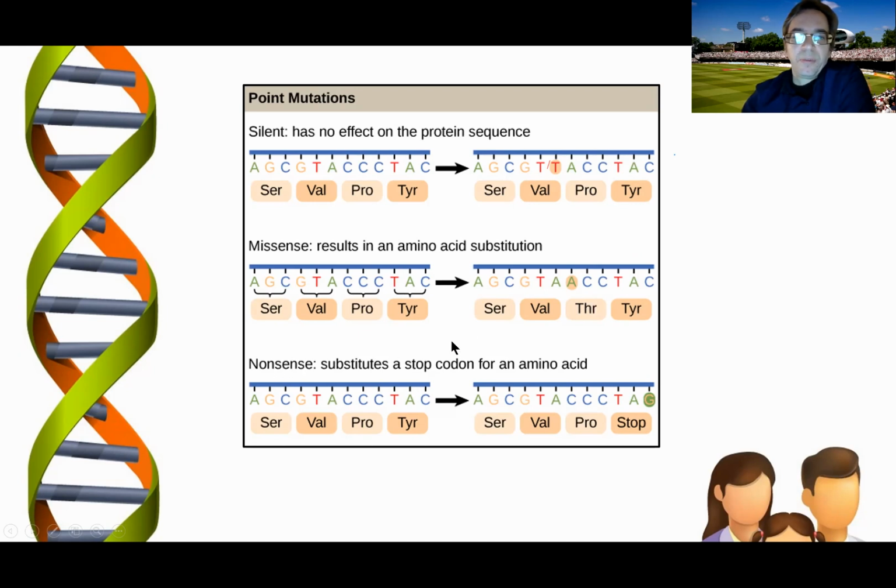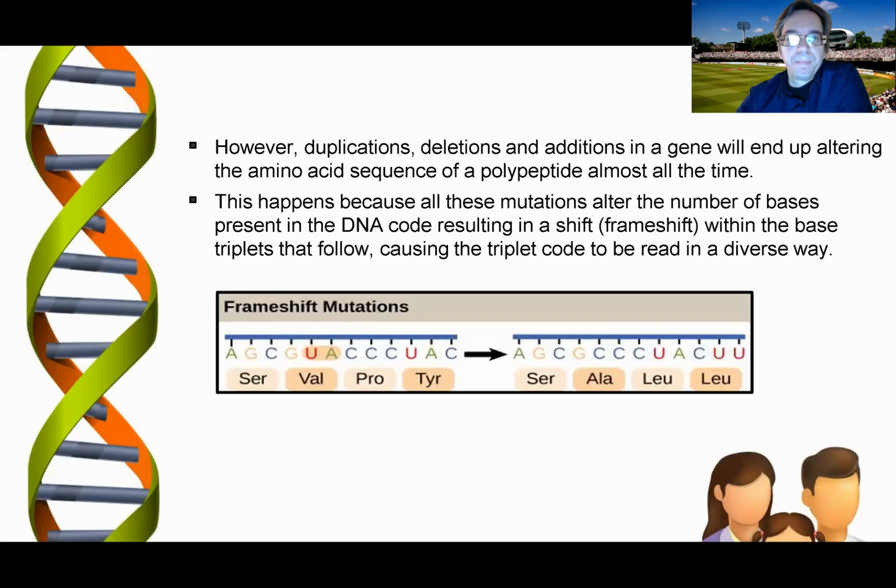And then a nonsense where the stop codon has been read. So I didn't go too much into that. We'll come to that another time, but basically there's a start and a stop codon, which are a coding sequence which tells the DNA or RNA when to stop making the proteins.